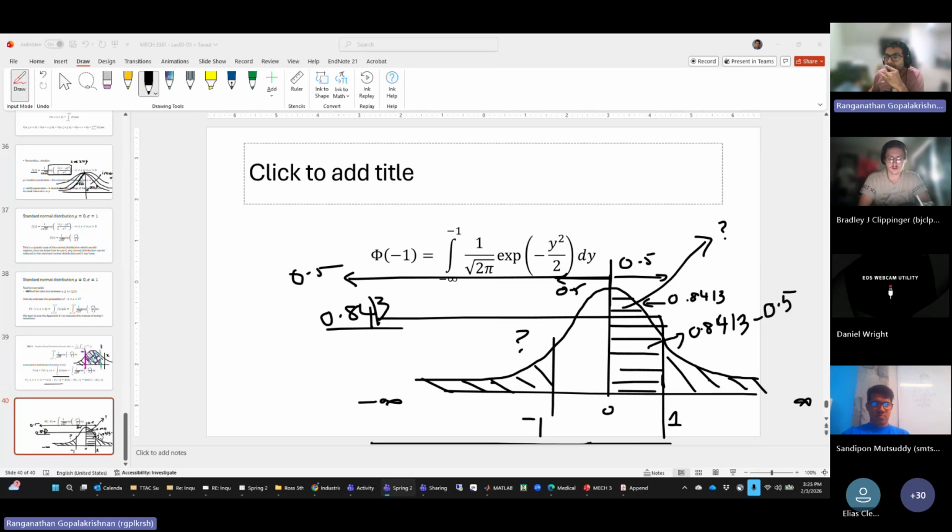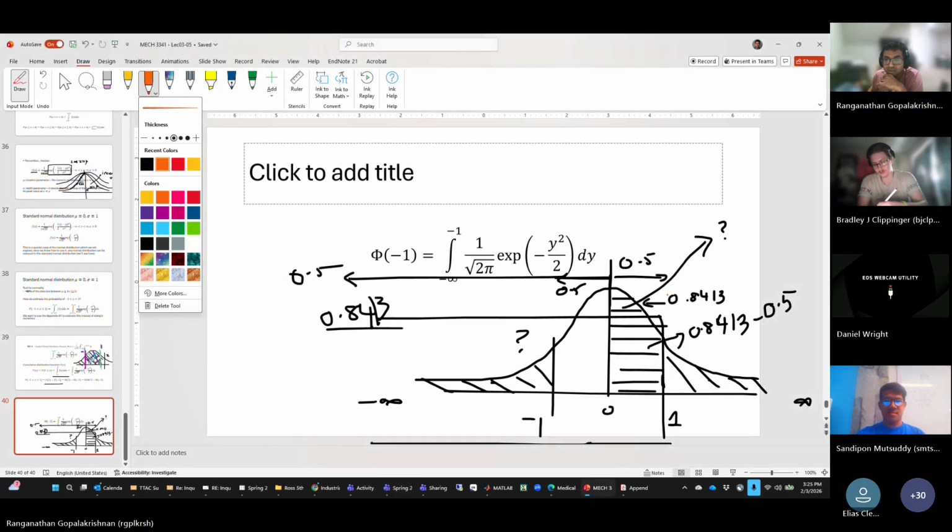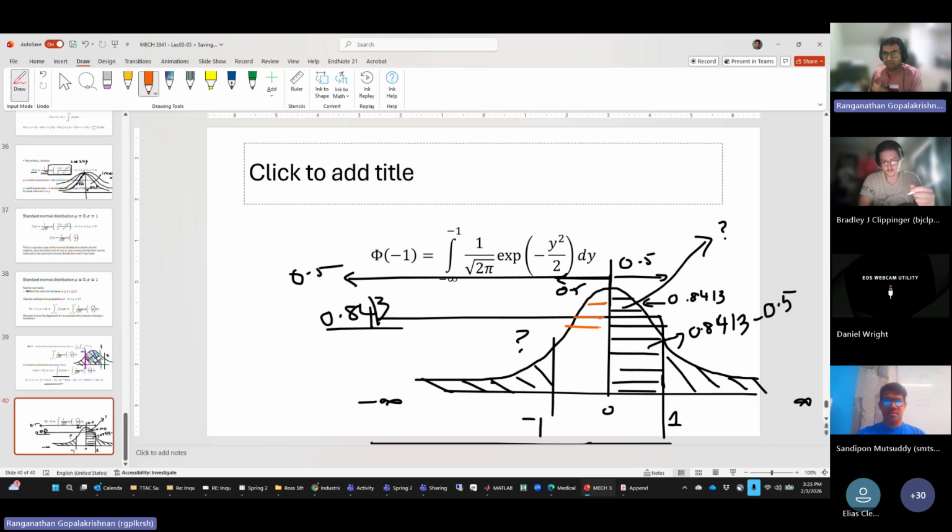All right. So everybody agrees that this horizontally dashed line is 0.3413. And by symmetry, this side should also be 0.3413. So if I draw a line here, this is also 0.3413. So the answer to our original question, what's contained between -1 to +1?